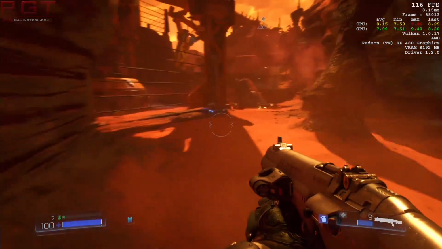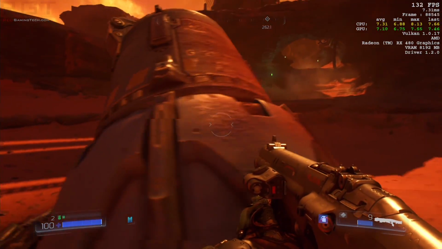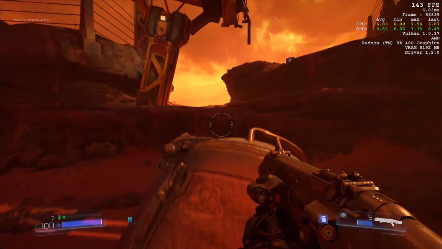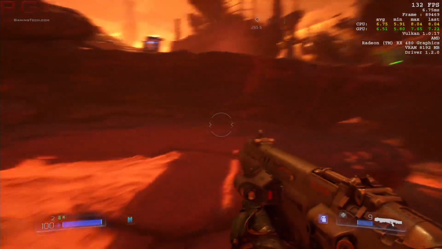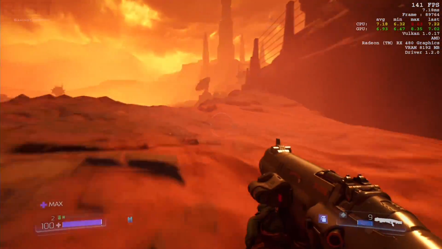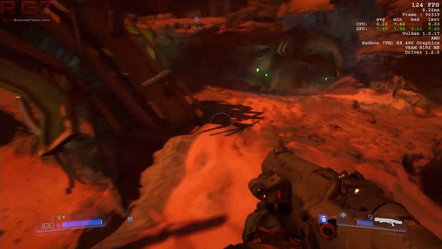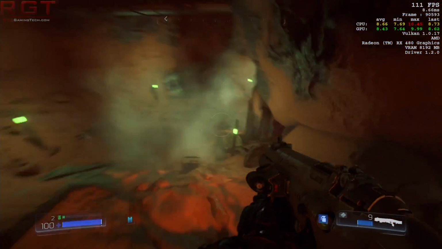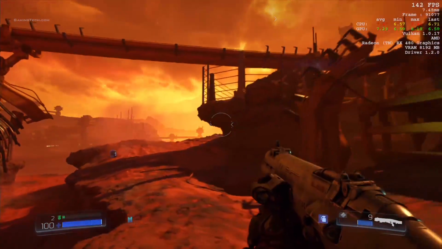Vulkan on Doom on the PC benefits AMD hardware quite well, because a lot of the console optimizations are basically baked in to Doom.